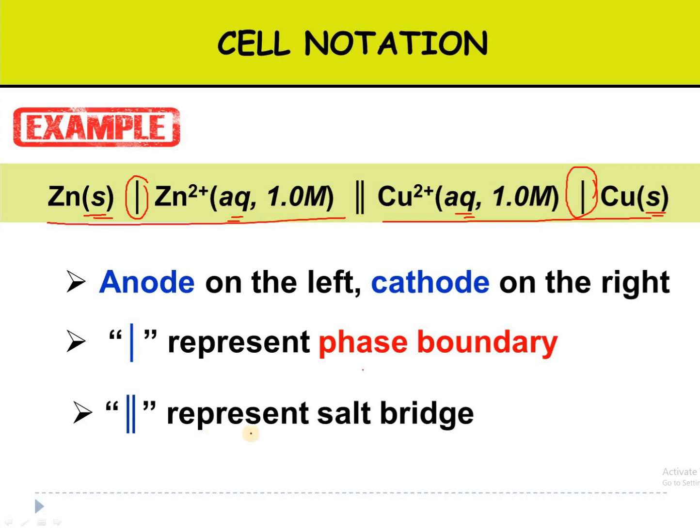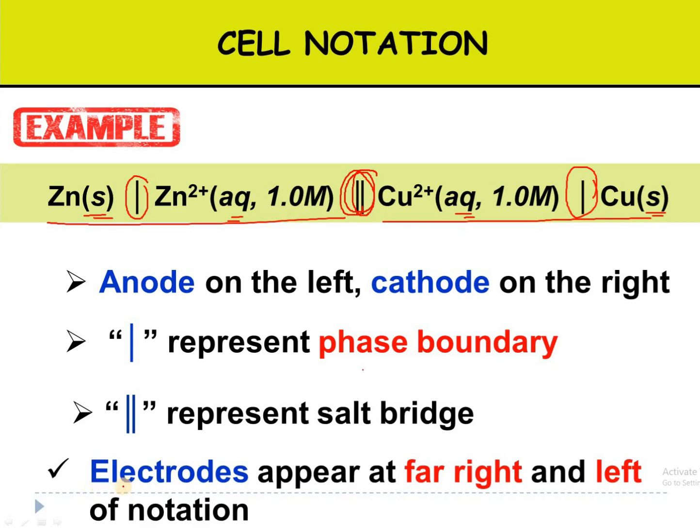A double slash represents the salt bridge, so the salt bridge is in the middle separating the anode and cathode. And last, the electrodes appear at the far right and left of the notation. The anode is the zinc electrode, and the cathode is the copper electrode.